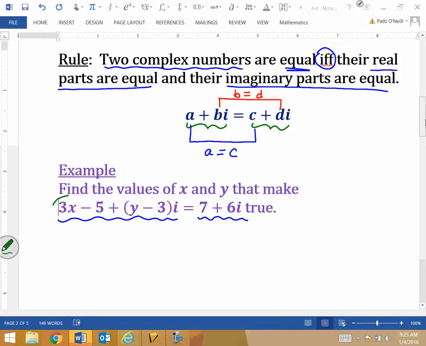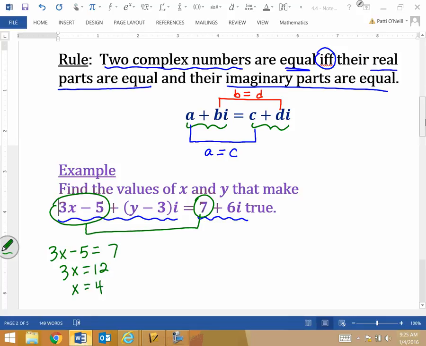So in this problem, the 3x minus 5 is the real part of this complex number, and the 7 is the real part of the second complex number. These two have to be equal to each other in order to make the two complex numbers equal to each other. So 3x minus 5 has to equal 7, 3x will equal 12, and x will be equal to 4.